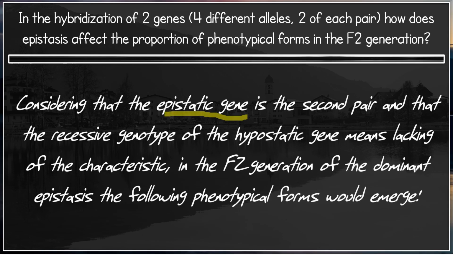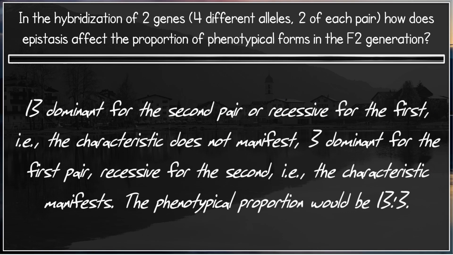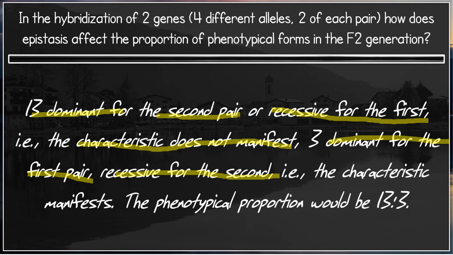Considering that the epistatic gene is the second pair, and that the recessive genotype of the hypostatic gene means lacking the characteristic, in the F2 generation of dominant epistasis the following phenotypic forms would emerge. 13 dominant for the second pair or recessive for the first pair: the characteristic does not manifest. 3 dominant for the first pair, recessive for the second, i.e. the characteristic manifests.